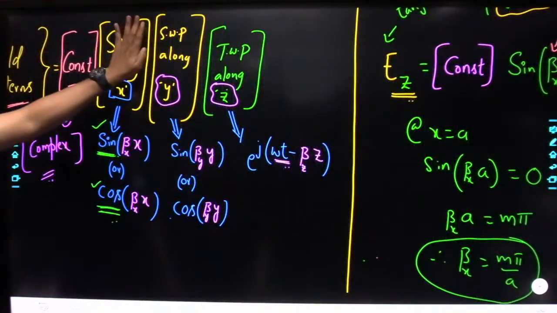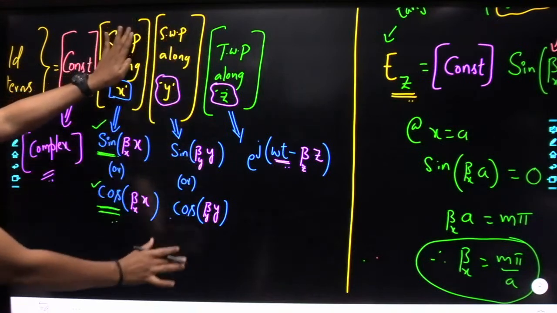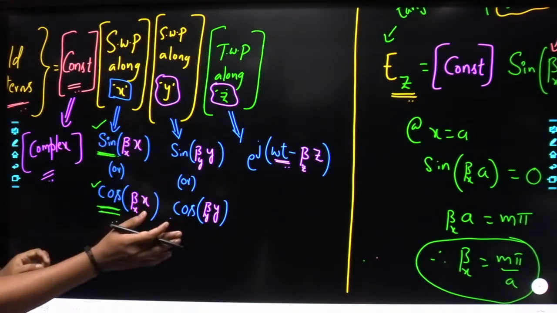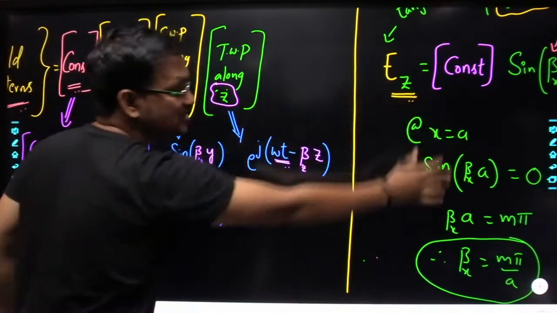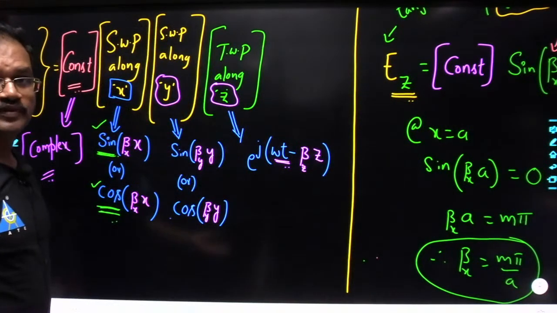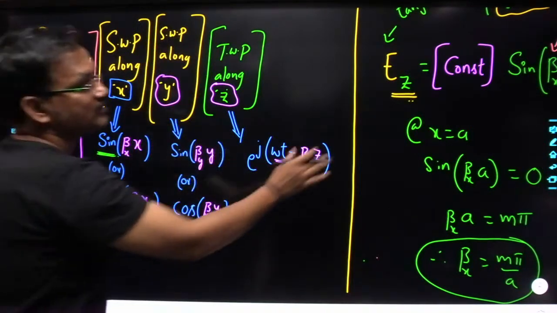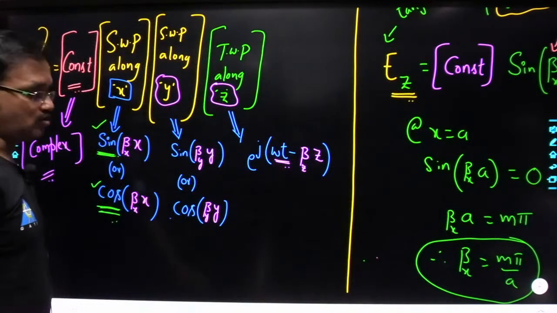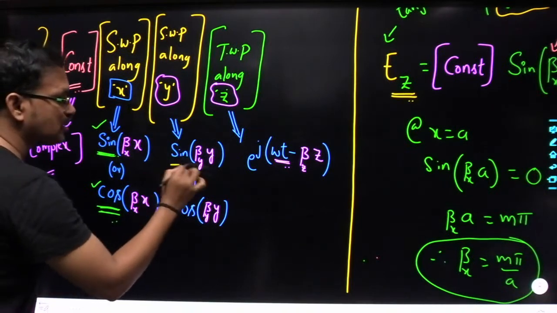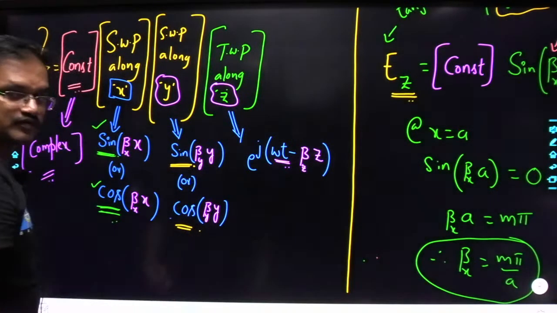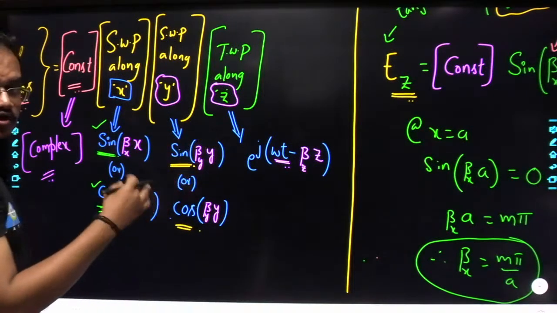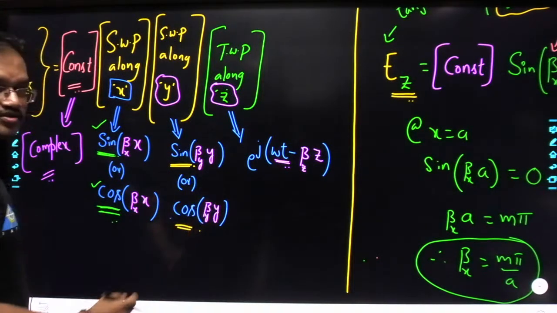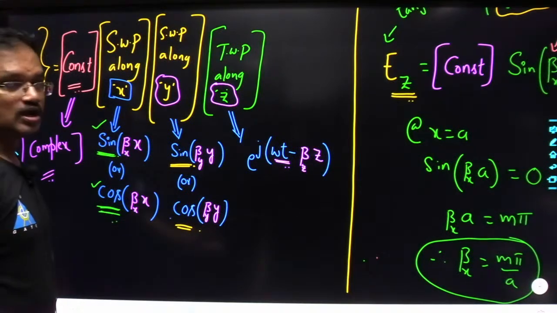Now consider only the standing wave pattern along y. At y equal to 0, the field Ez has to become 0. So you have to choose a sine or cos function that gives you that result. If you put y equal to 0, the sine function gives you 0, whereas the cos function does not.